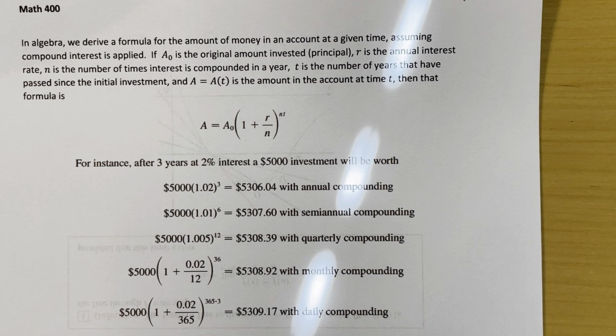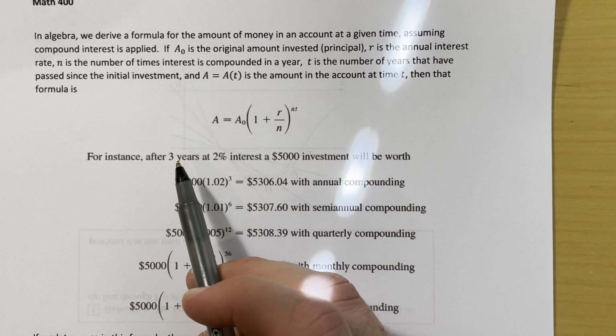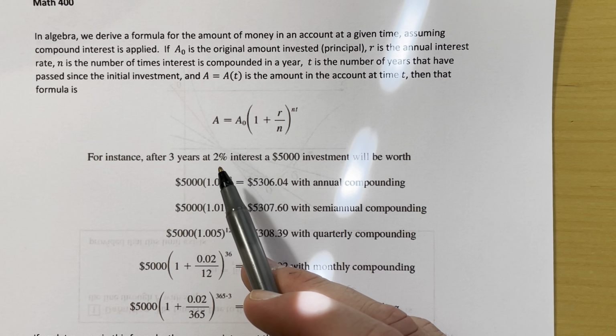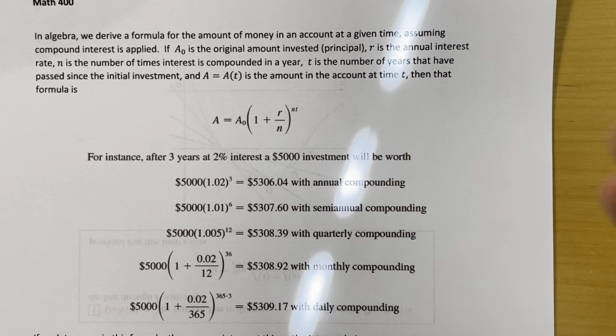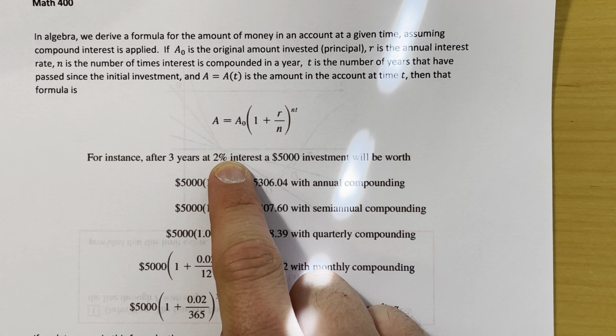If I say, for example, we're going to do one down here, that I have an account that accumulates interest at a rate of 2%. That's 2% per year. Compound interest, if you compound your interest at a rate of more than one time per year, divides this percent up by however many times you're compounding it.